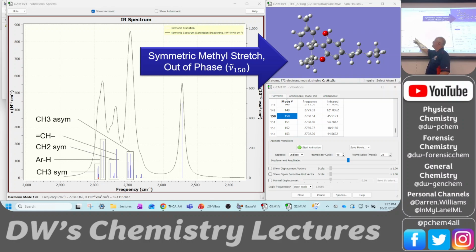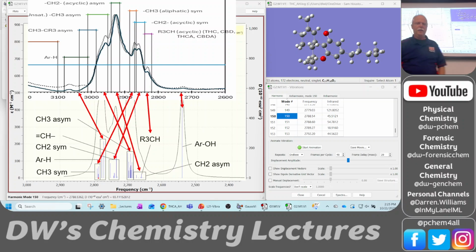This tall one, and then we had the CH3 asymmetric stretches here, and then we had some others. Yeah, I did. Here's that R3CH, and then here was the aromatic. So in Gaussian, our aromatic OH showed up over here. So that was good. It was that peak that I said, could this be? Gaussian predicted that it is there.